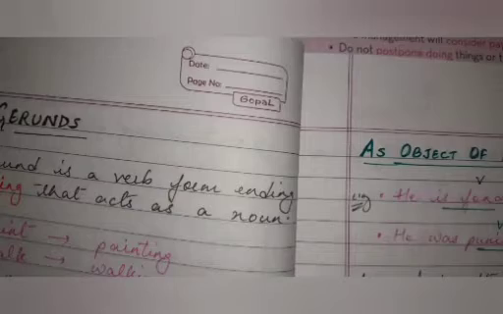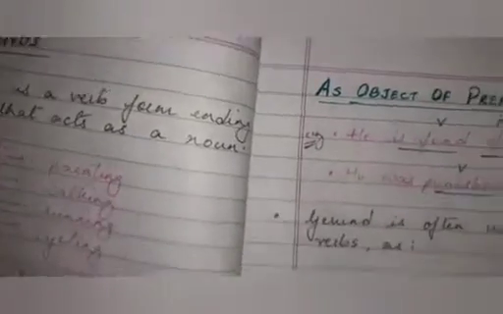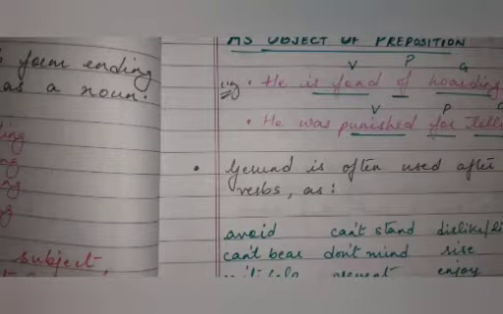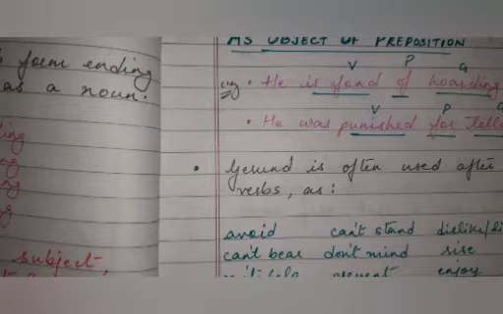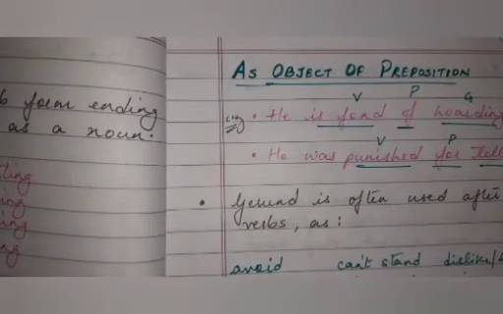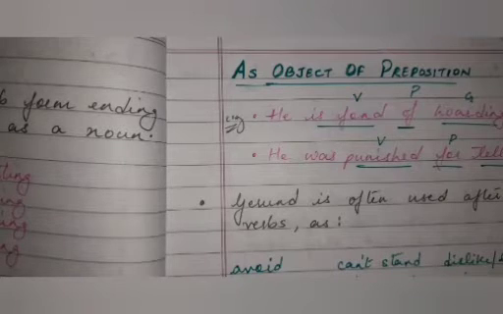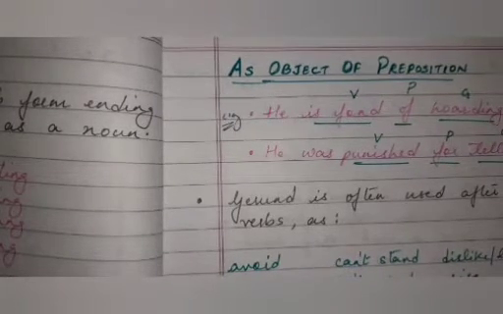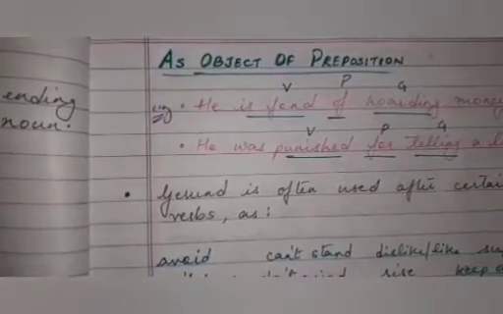So in the previous heading we have learnt that your gerund acts as direct object. Here we learn it acts as object of preposition. There you have understood that your object appears after the verb. Here your object will appear after the preposition.